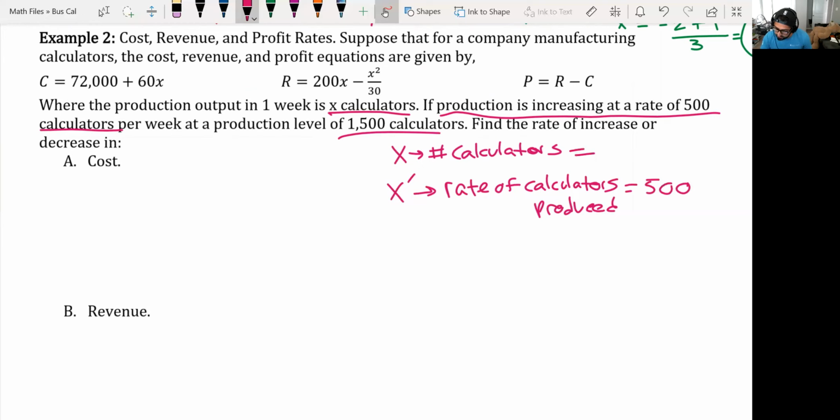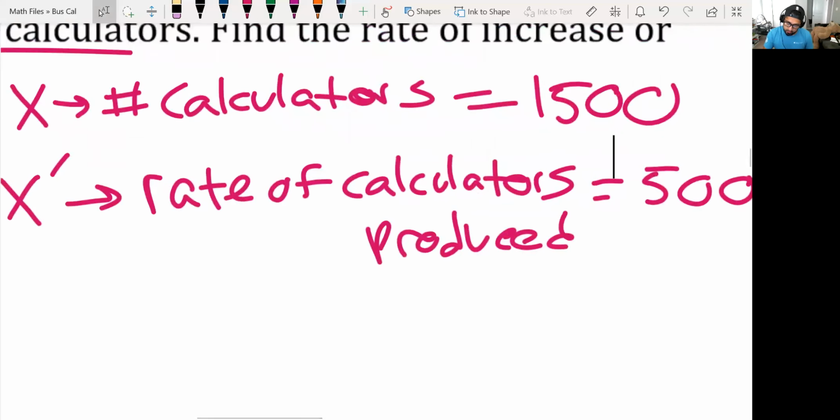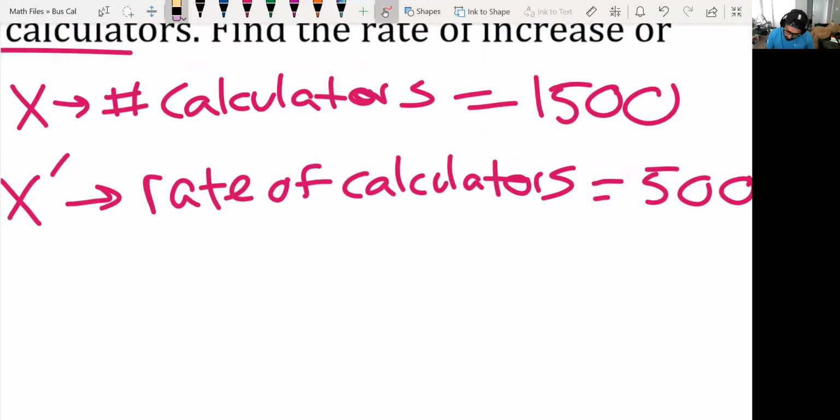So x is 1,500. So these are the values it's giving us. Now all we have to do is take the implicit derivatives of cost, revenue, and profit with respect to time. That's it. Let me rewrite that terrible word there.